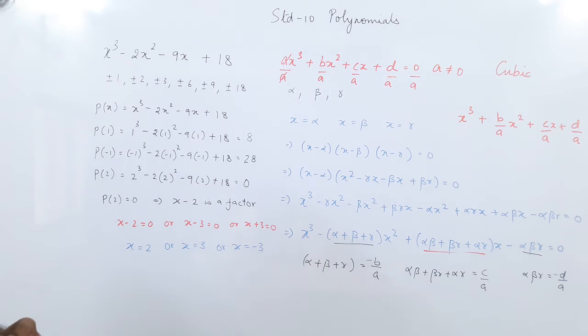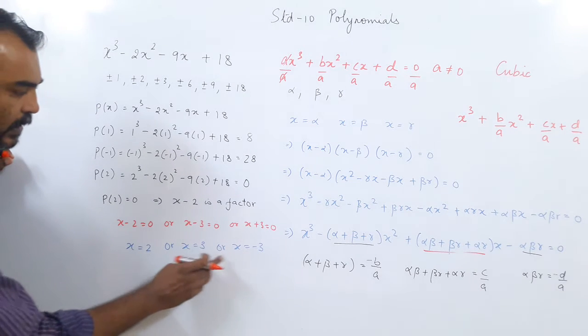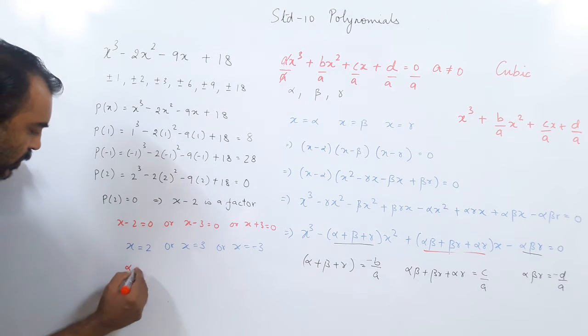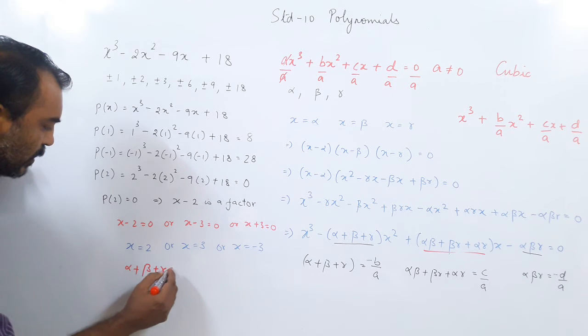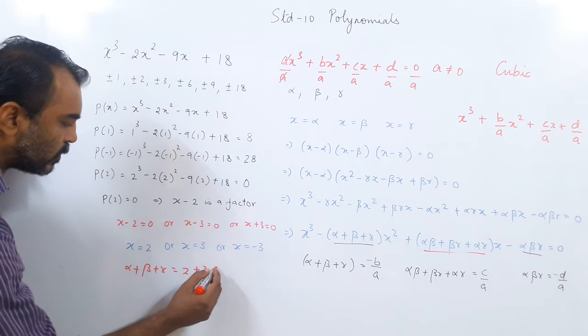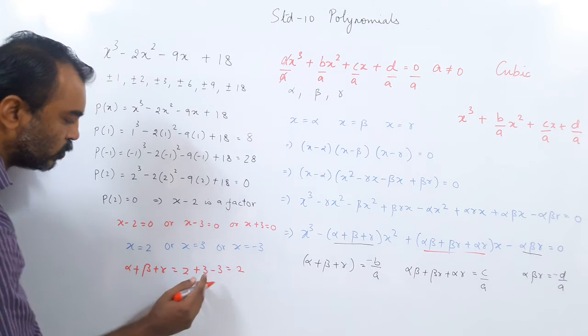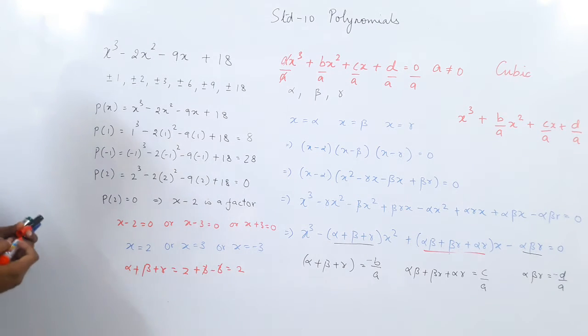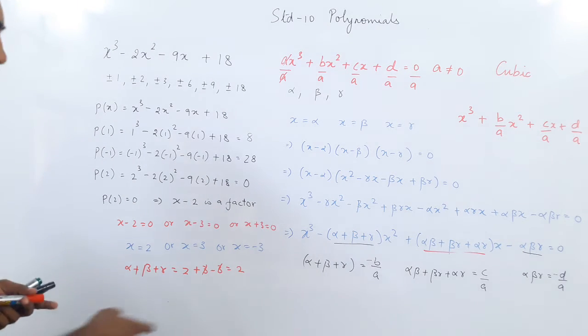Now we have got three roots for this equation. So let us verify and see: are we getting what we're supposed to get? That is why I've kept the sum on the board. Check. Alpha plus beta plus gamma equal to 2 plus 3 minus 3, equal to 2. The 3s get cut, 2. Now what is alpha plus beta plus gamma?